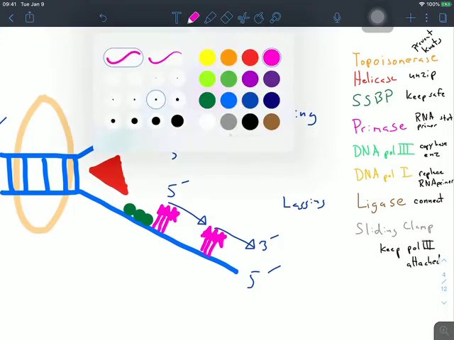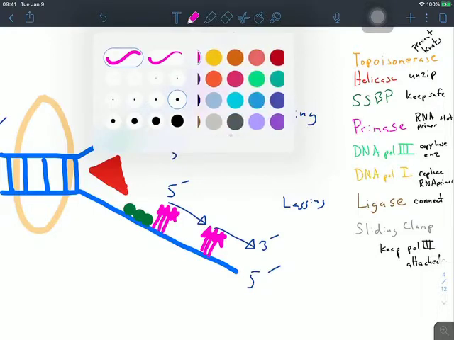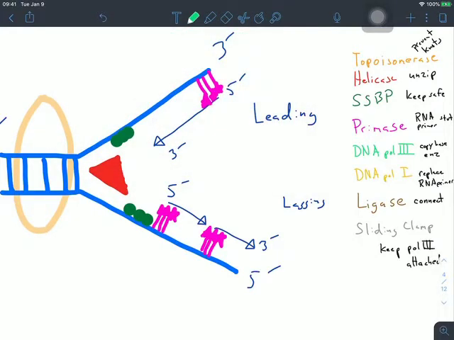After our RNA primers are present, we can go to our DNA polymerase 3, our giant green brick. We'll find where the primers are, attach to them, and slide and build.